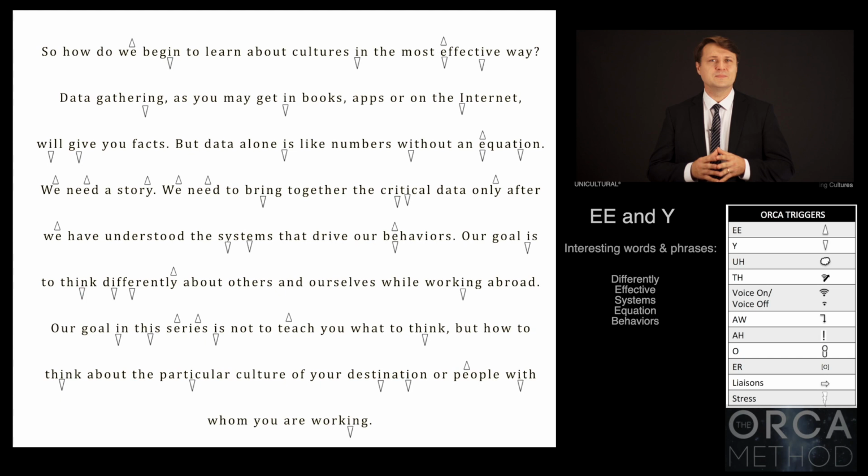Data gathering, as you may get in books, apps, or on the internet, will give you facts. But data alone is like numbers without an equation. And again, another interesting word, equation or equation. We need a story.